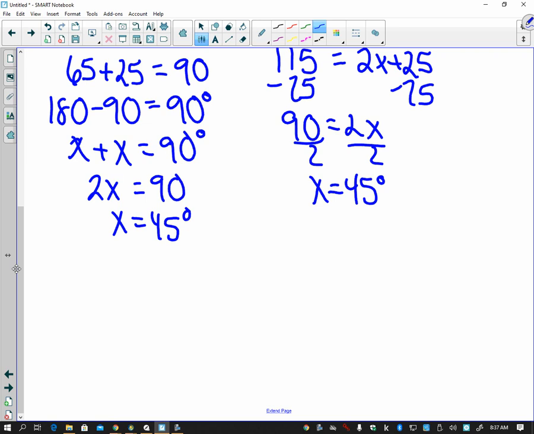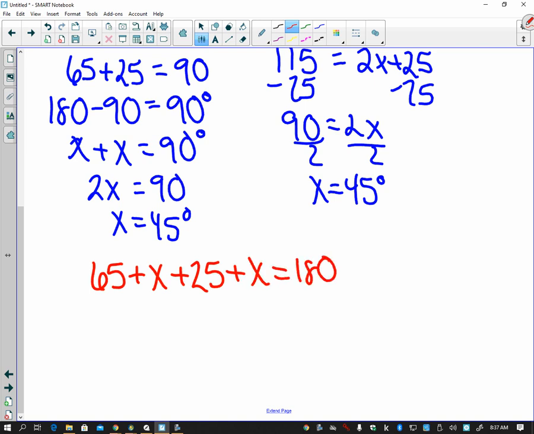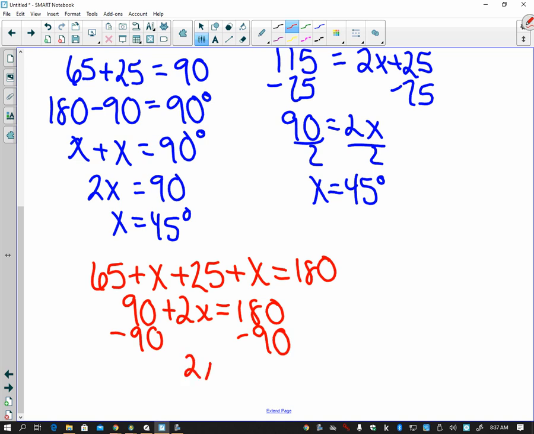So I would have said 65 plus x plus 25 plus x equals 180. I would have combined like terms. I would have gotten 25 and 65, which is what, 90? So I've gotten 90 plus 2x equals 180. I would have subtracted 90. I would have gotten 2x equals 90. I would have gotten x equals 45.